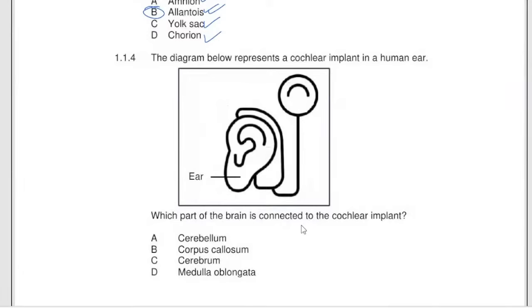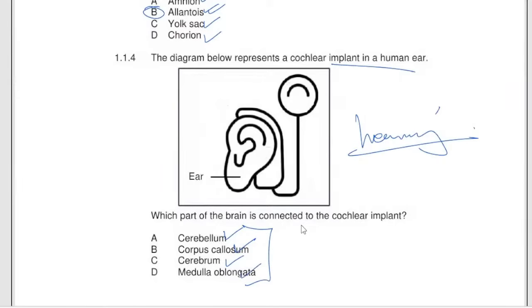So we have to ask ourselves, what is hearing? Hearing is a sensation. You need to know the function of cerebrum, corpus callosum, cerebellum, and medulla oblongata. Hearing is also an example of a sense.